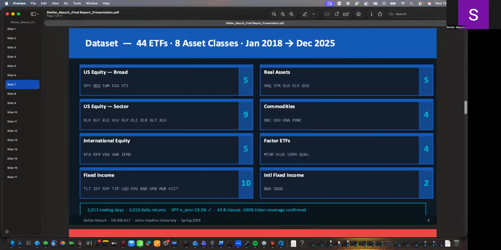For US sector equity, we have 9 sector ETFs. So we have different sectors covering most of what's being classified as sectors by the Global Industry Classification Standard. So meaning we have technology, financials, energy, healthcare, consumer staples, etc.